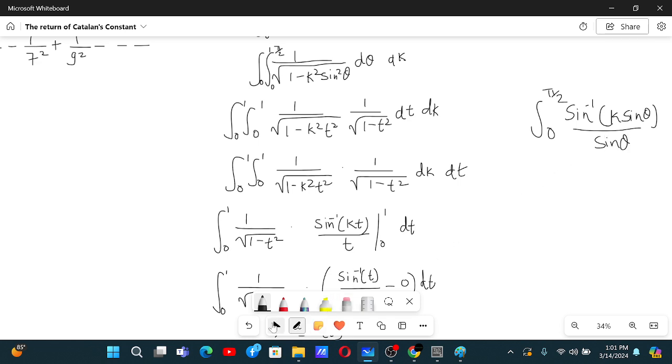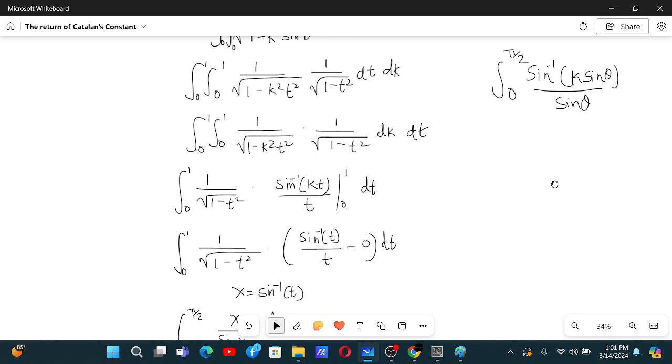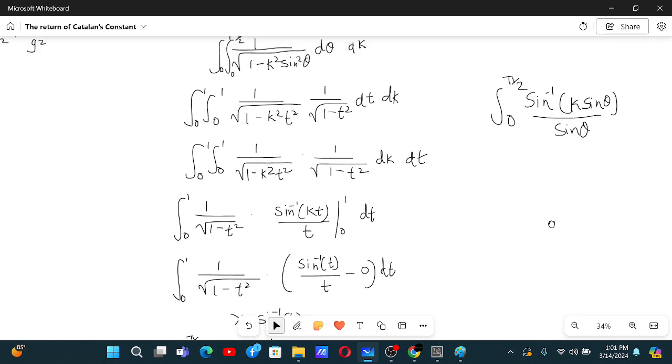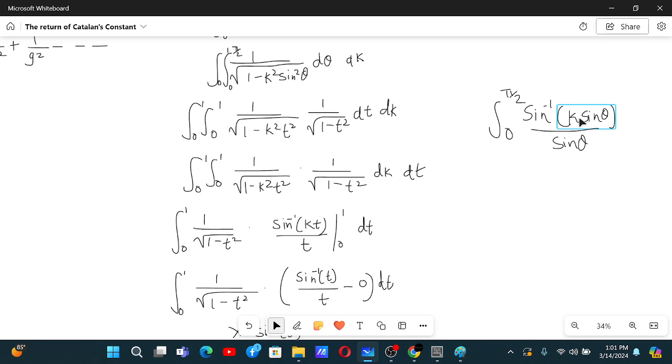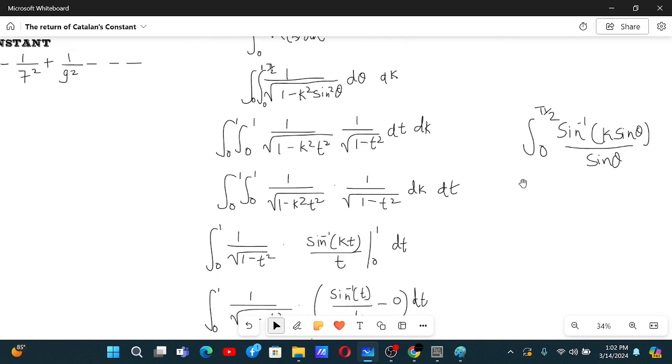Oh, it would be something like this. And after that, I will put k as 1 and sine theta as y, and basically we will get the same thing. But you can try in any other ways.